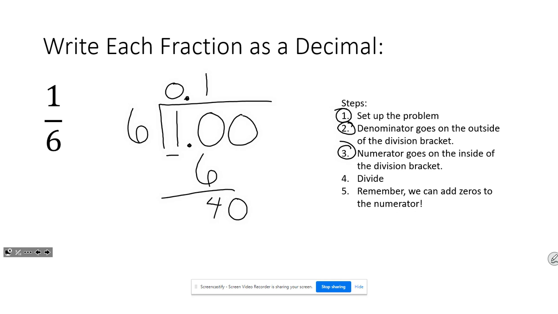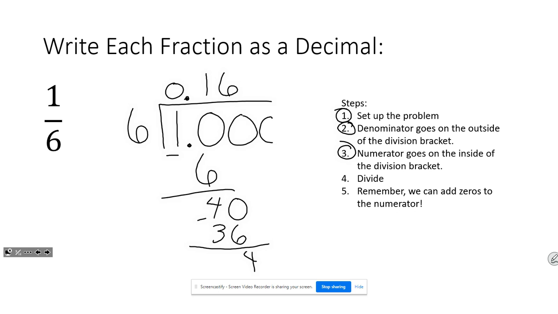How many times does 6 go into 40 without going over? 6 times. And 6 times 6 is 36. Subtract them. 40 minus 36 is 4. Ooh. No, 6 can't go into 4 again, and I just had that.